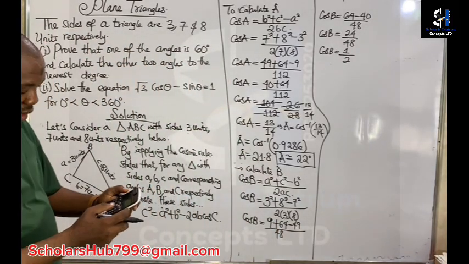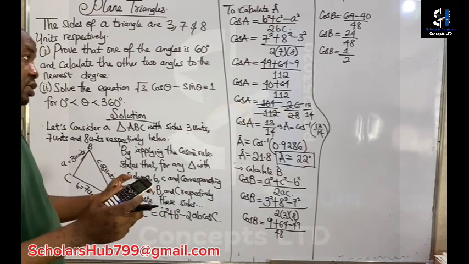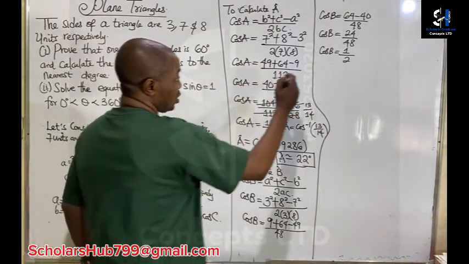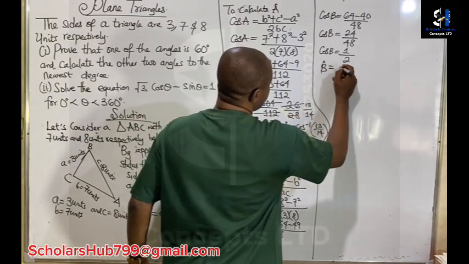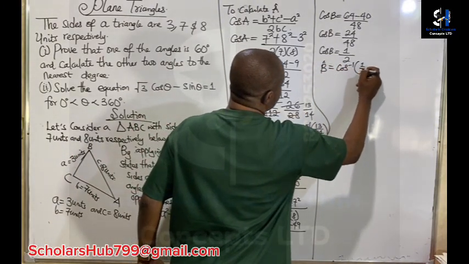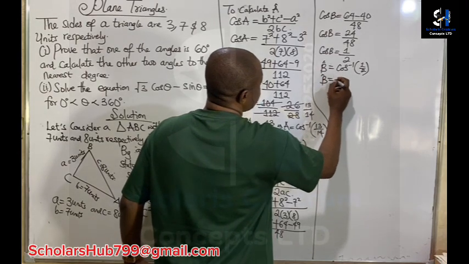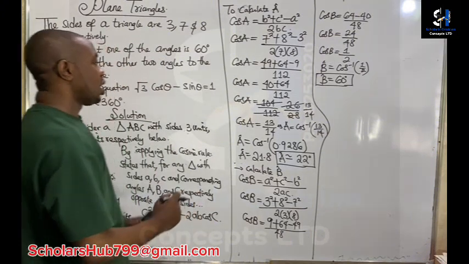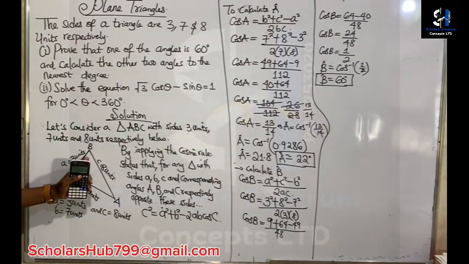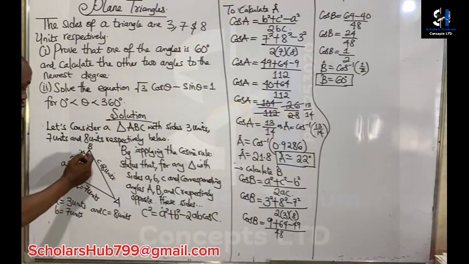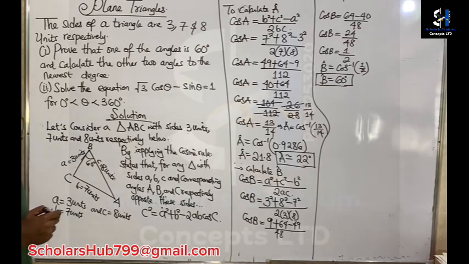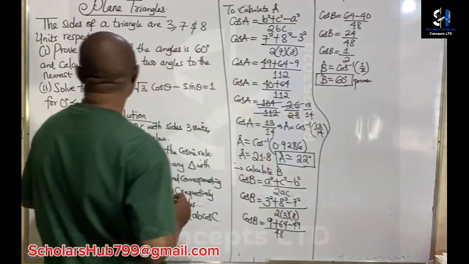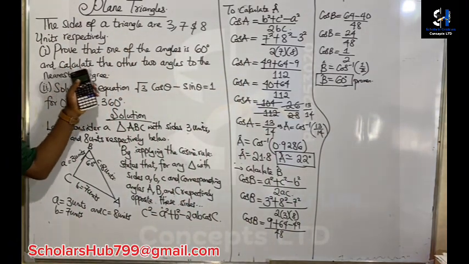So the cos inverse of 0.5, that will be 60. So angle B will be the cos inverse of 1/2, so angle B will be 60 degrees. So this is the angle which is exactly 60 degrees. So angle at B is exactly equal to 60 degrees. So proven.